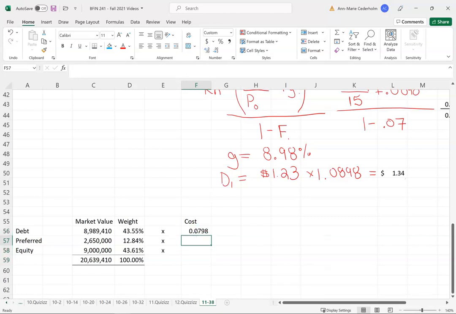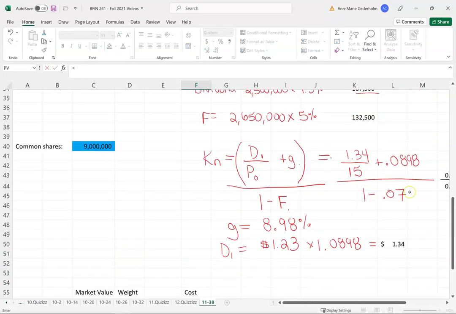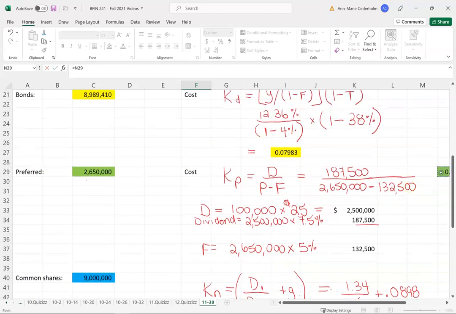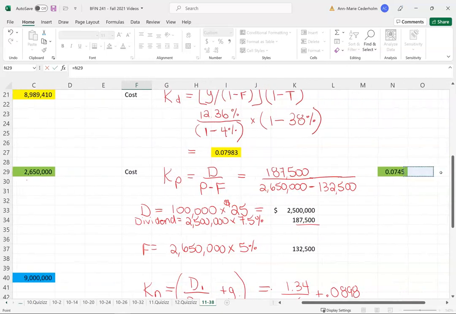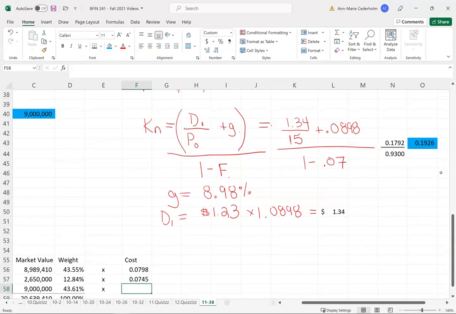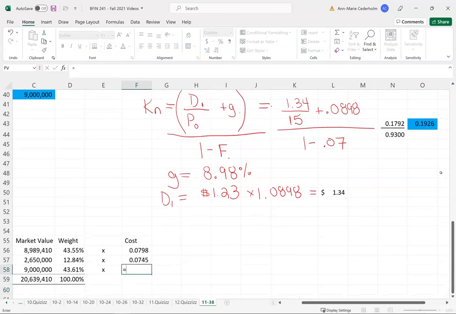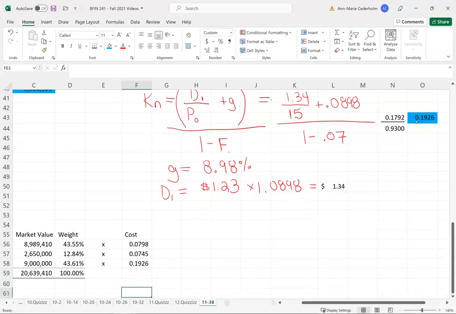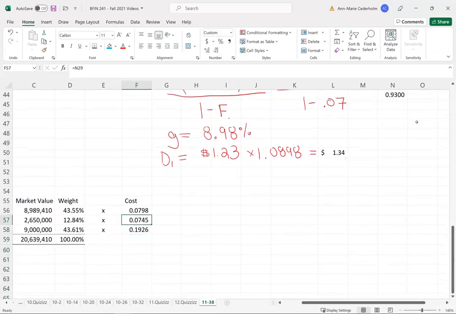The cost on the preferred shares was 0.0745. And then the cost on the common shares was 0.1926. Now these won't equal 100%. Remember, we calculated them by using these formulas.